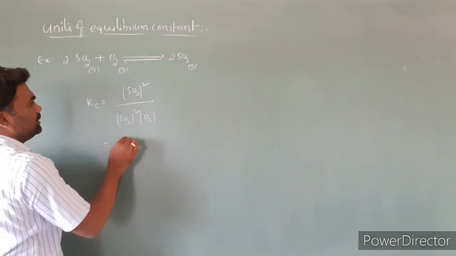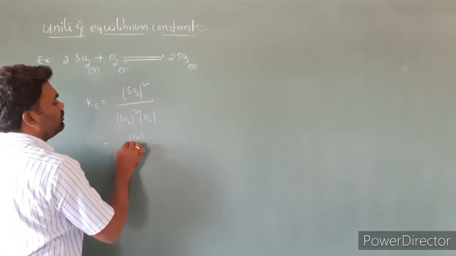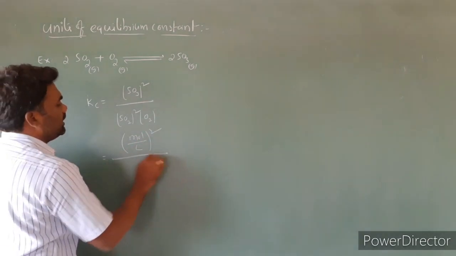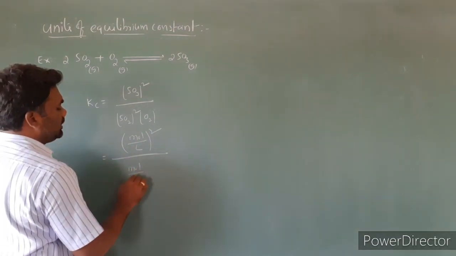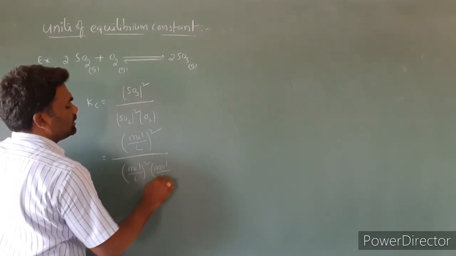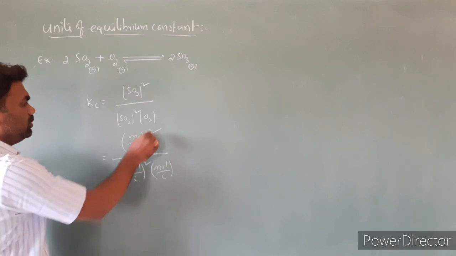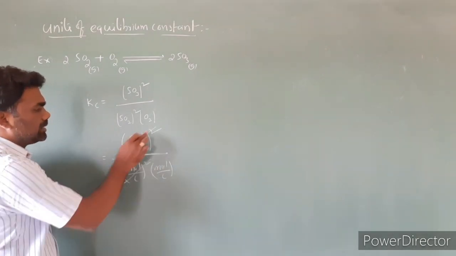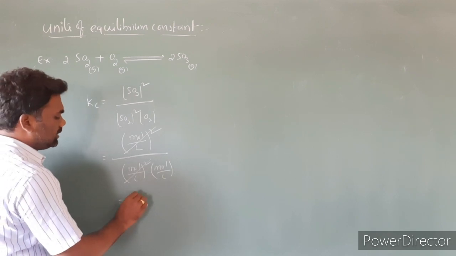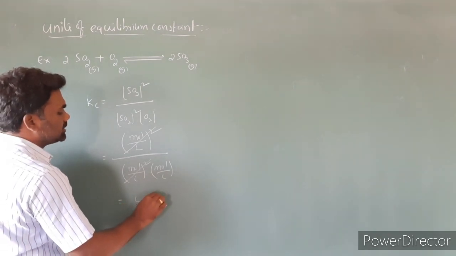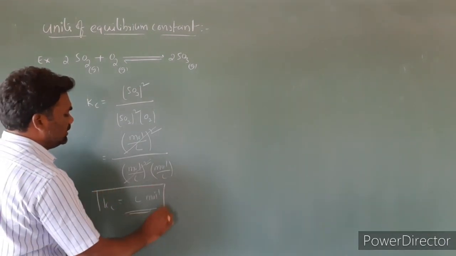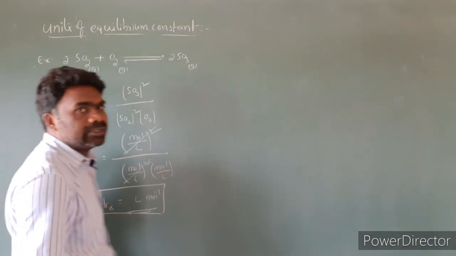Concentration has the unit mole per liter. So mole per liter power 2 by mole per liter power 2 and mole per liter. The mole per liter squared will cancel, then we have mole per liter remaining in the denominator, so we get liter per mole. The unit of Kc is liter mole inverse.